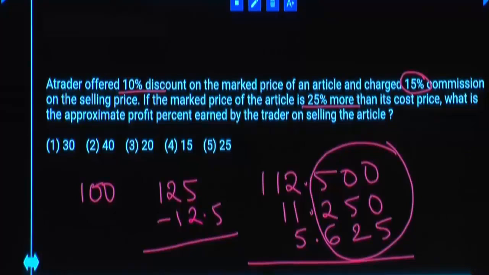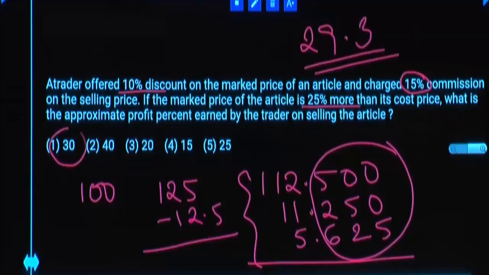How much is that? 1.3 only, right? That is more than 1, but not nearby 2. Left hand side, 112 plus 11, 123 plus 5, 128 plus 1.3, 129.3. So profit percentage is 29.3, approximate.